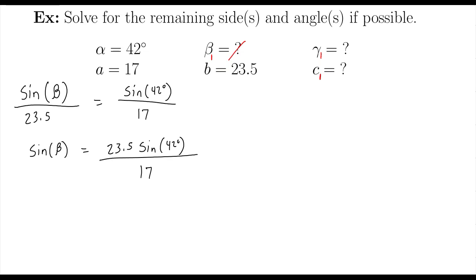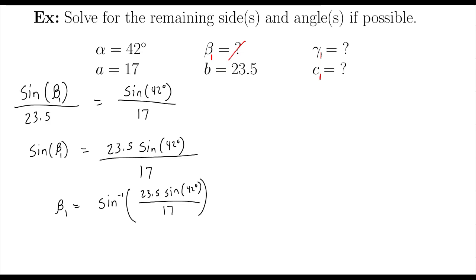And then I'm going to use the inverse sine, or arc sine, function on my calculator. You want to avoid typing it in the calculator as long as you can, because it'll help you maintain accuracy.